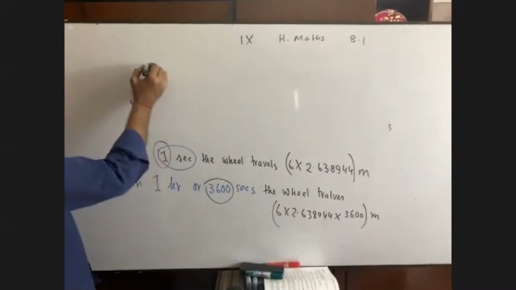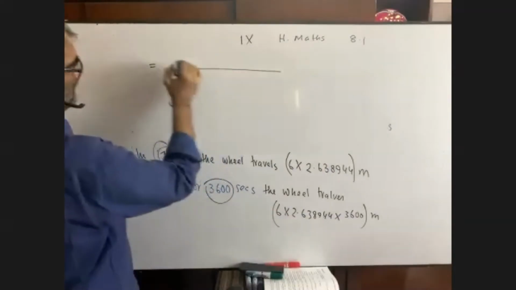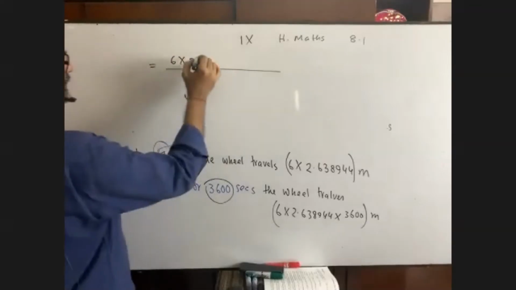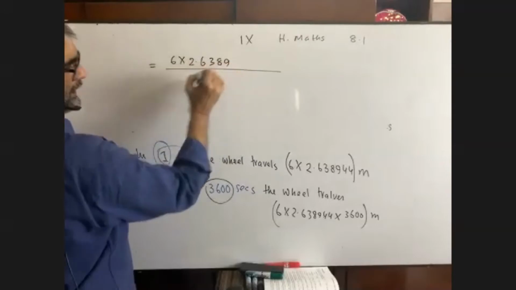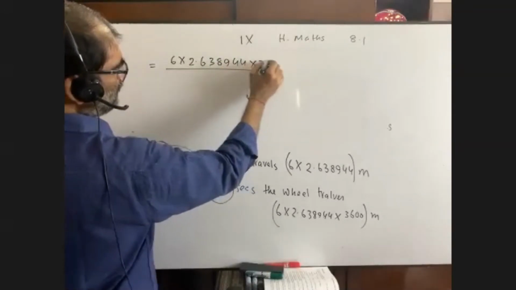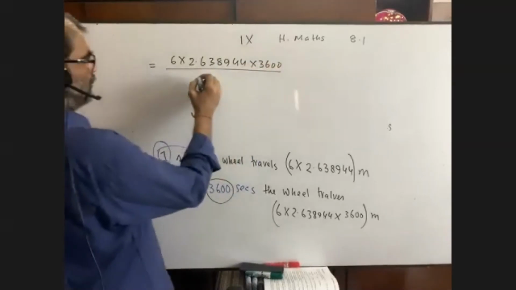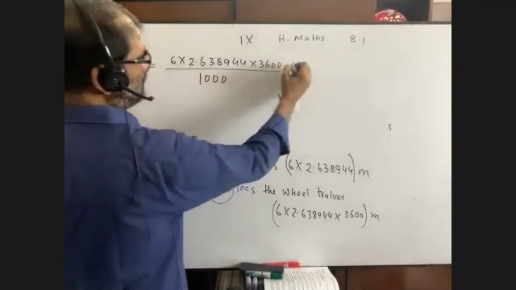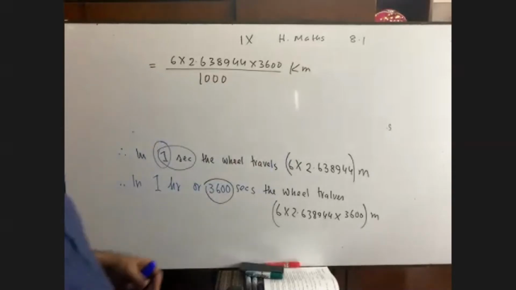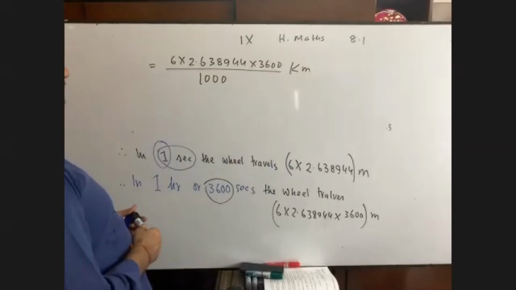Now you have to write like this: 6 into 2.6389 into 3600 meter. So we are going to convert it into kilometer, dividing by 1000, because we like to tell someone about the speed of a car in kilometer per hour, right?